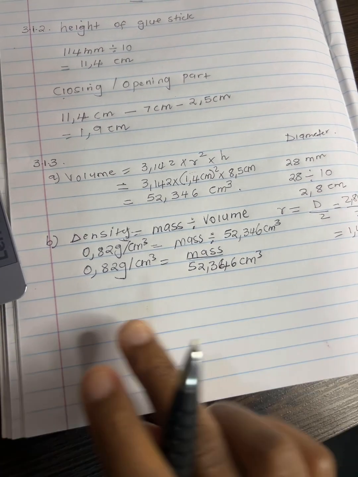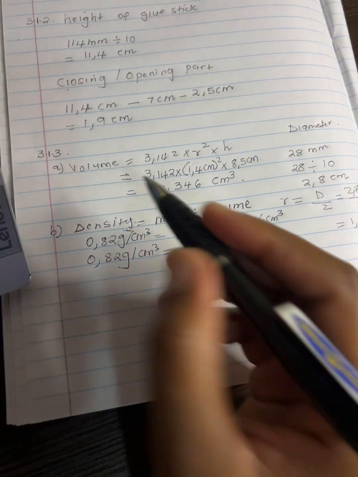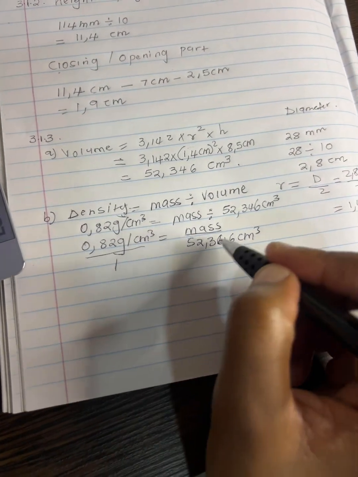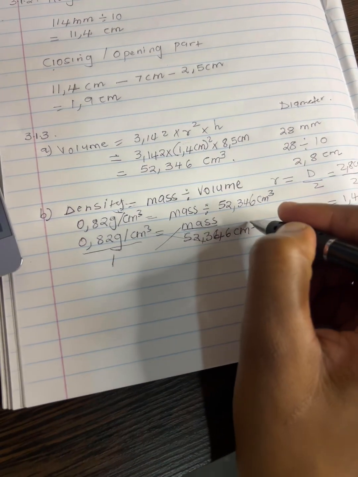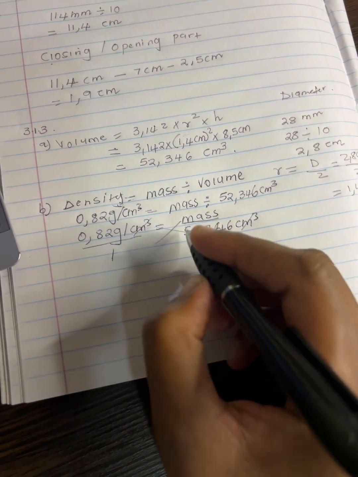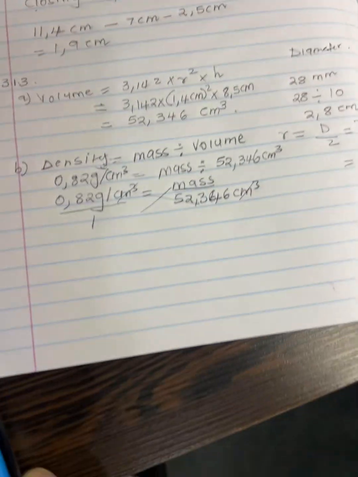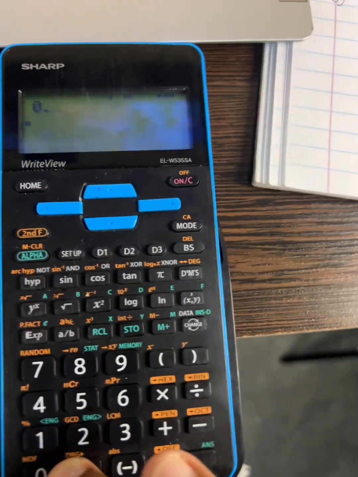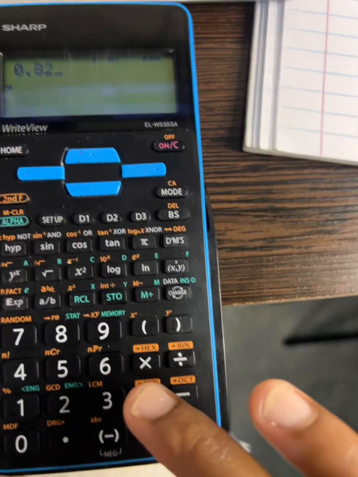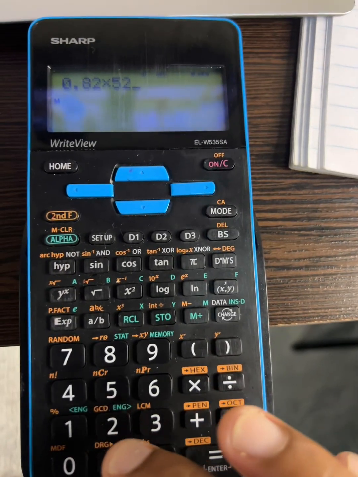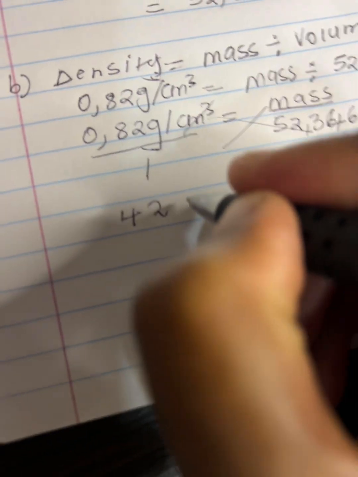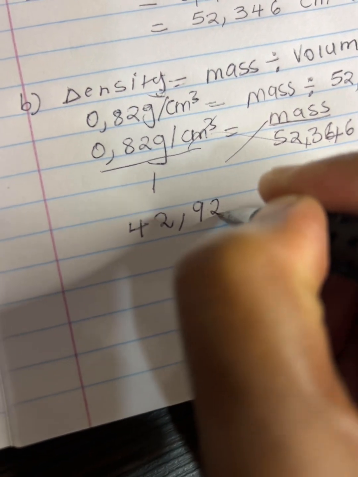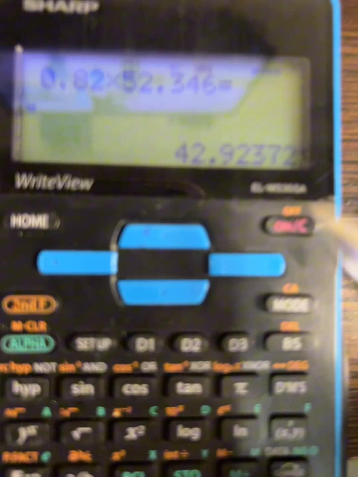And then after that, now you can see that we have this side which is a fraction, and we have this side which is not a fraction. So we can put 1 here, and then we do the cross multiplication like this. When we do cross multiplication, it means this one will cancel, and this one will be multiplied by this one, which is going to be 0.82 multiplied by 52.346, and then the answer will be 42.924, because we're rounding it to 3 decimal places.